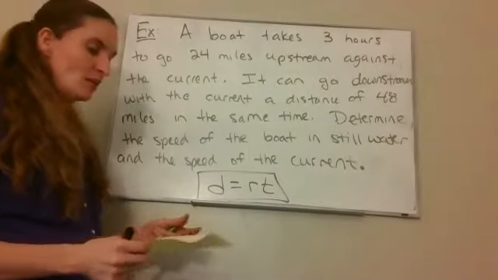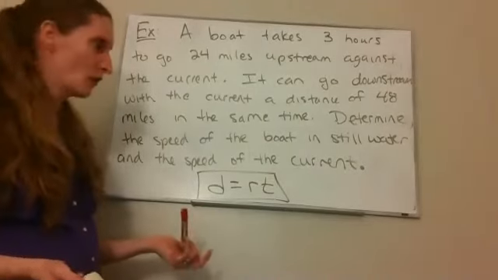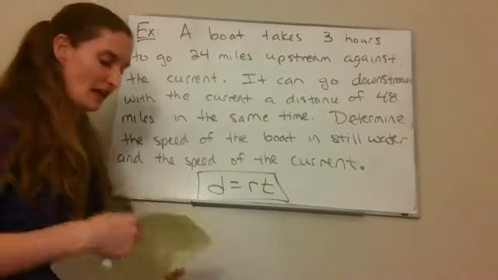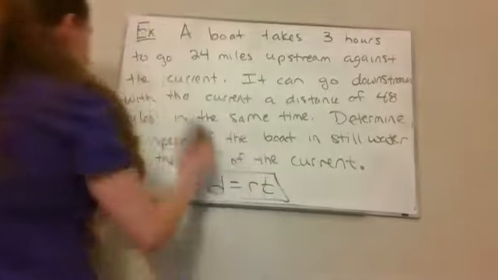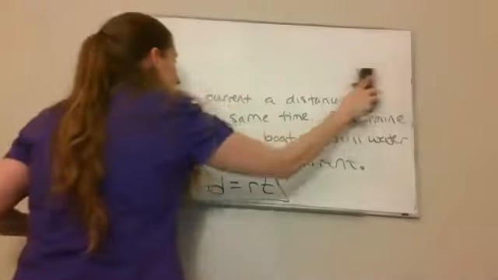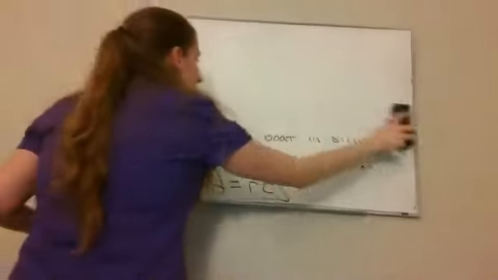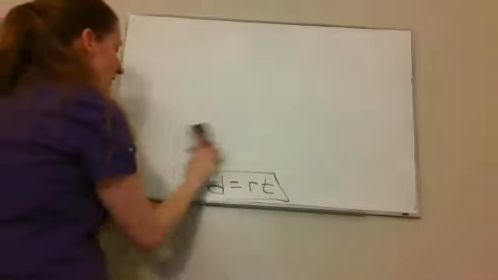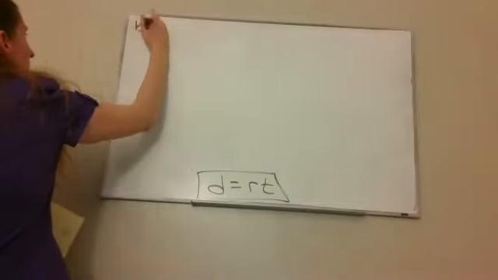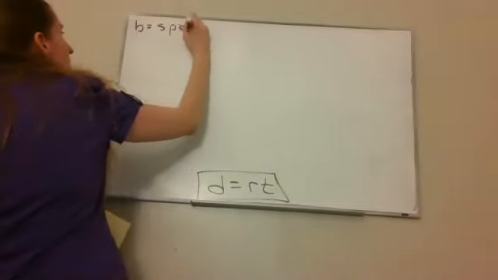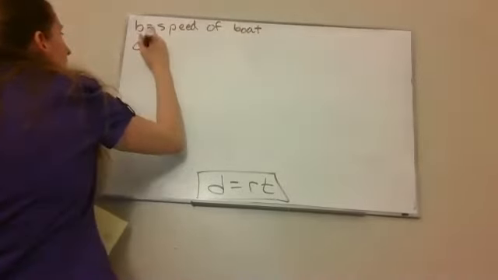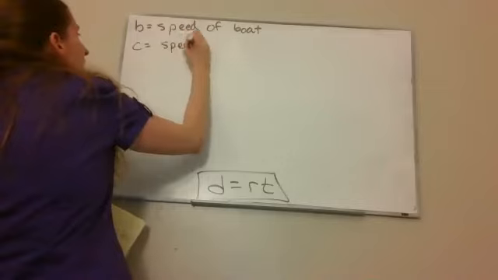So I need to come up with some variables to represent the speed of the boat and the speed of the current, and then I need to set up some equations. So I'm going to let B equal the speed of the boat, and C equals speed of current.